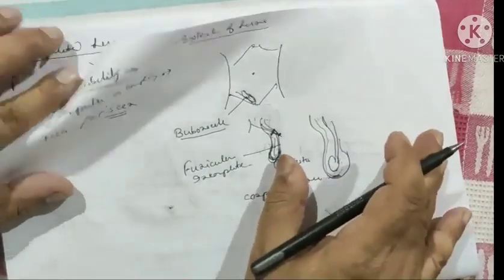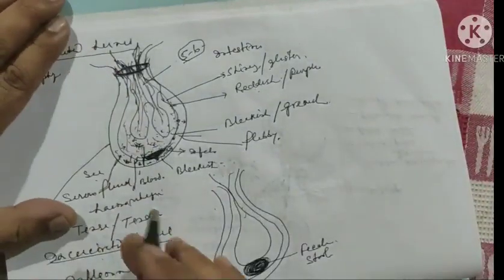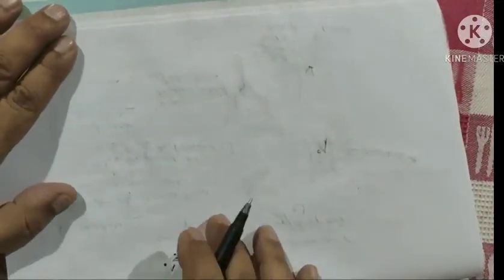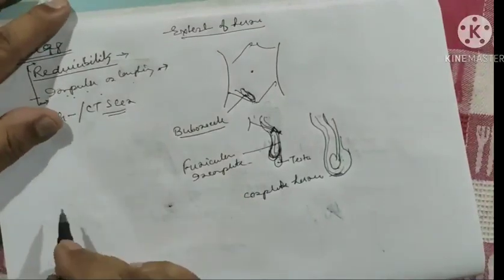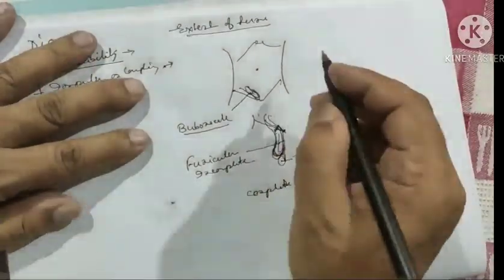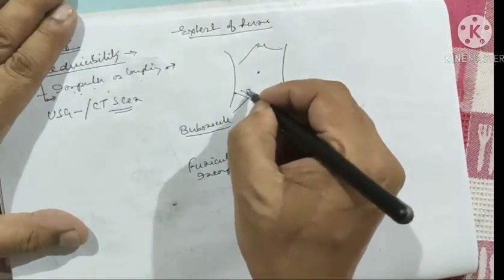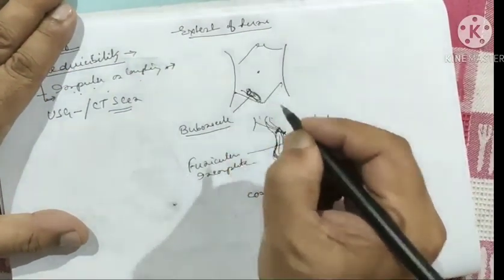Another thing you have seen is whether it is complicated or uncomplicated, and whether it is a direct or an indirect hernia. To diagnose a direct or indirect hernia, one clinical test is required, that is the deep ring occlusion test.